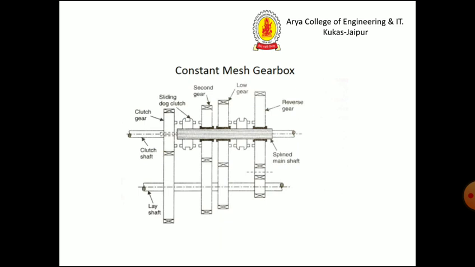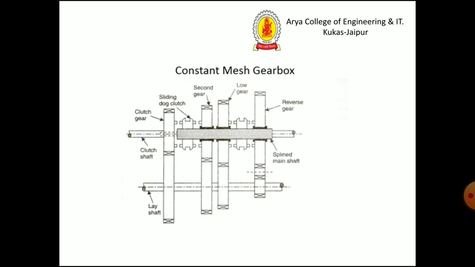They have a bearing on them by which they can only freely rotate on the spline shaft, and there is a sliding dog clutch which has an internal spline and is attached to the splined main shaft. When the dog clutch rotates, the splined main shaft also rotates.